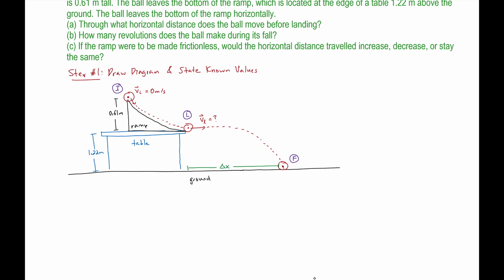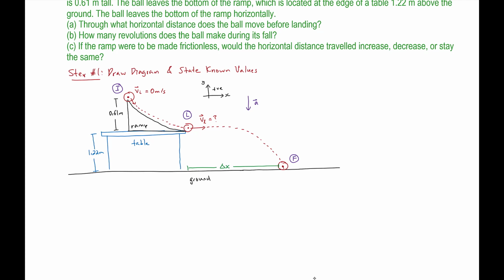So have we completed our diagram? Seems like we've labeled most of everything, but we're missing something very important. It's the coordinate system. So let's add in a coordinate system where this is x and y, and this is positive. We should probably have acceleration going down. We might also want to choose where the height is equal to 0 for our potential energy problem.